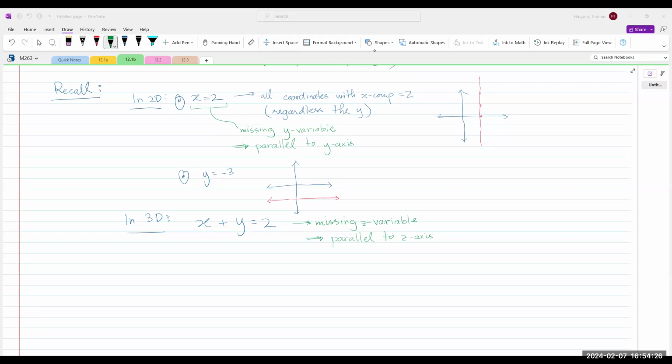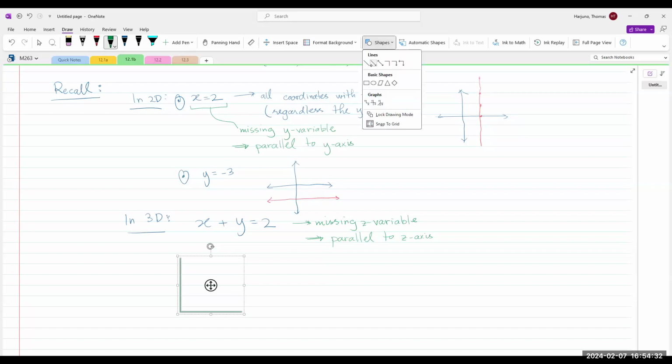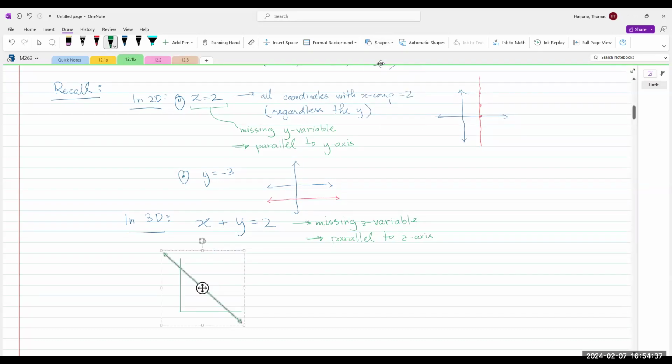So if I try to graph that in 2 dimensions, it will look like this, approximately, right? This is 2, this is 2 for x and y in 2 dimensions.